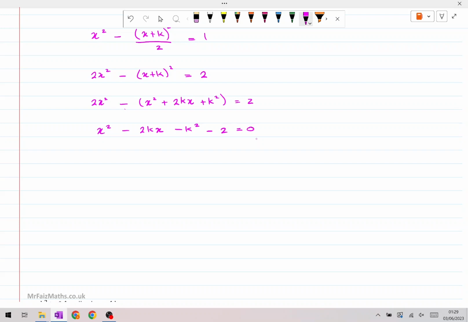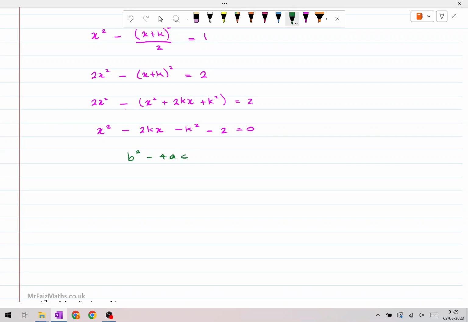So what we have here then is a quadratic in terms of x, but where some of the coefficients are in terms of k. So at this point, to show that this quadratic will always have solutions, what we'll then do is consider what the discriminant of this quadratic is. So I want to work out what is b squared minus 4ac.